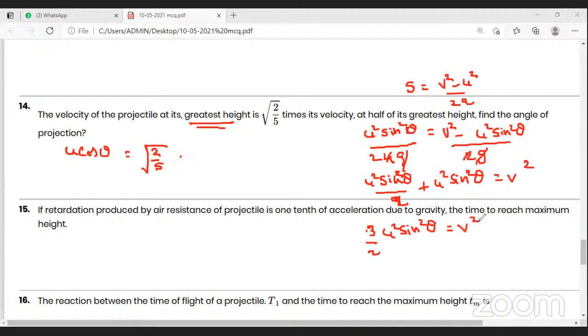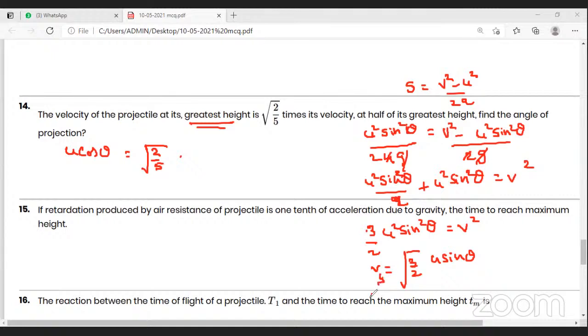Okay, this is the vertical component of velocity. V you have to write actually here. And then what is v? Root over 3/2 u sin theta. So this is the vertical component of velocity after traveling half of the height. And now, what is the horizontal component of velocity?